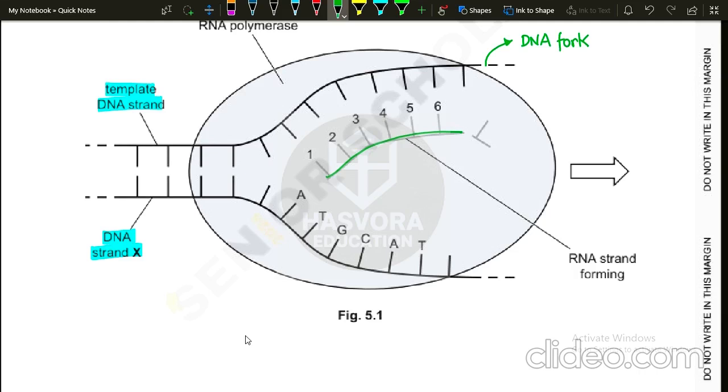Why is it called the sense strand? Because we know that the two strands of the DNA, when they unwind, have a complementary base structure. So for example, if this one is A, this one will be T, and if this one is T, this one will be A, and the same way this will be C, this one will be G, and this one will be T, and then A again. So these are complementary to each other.